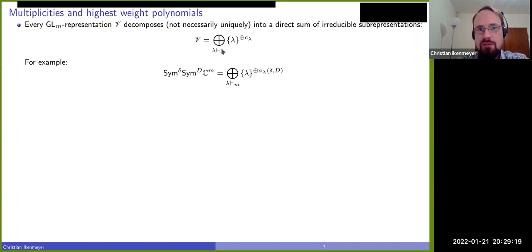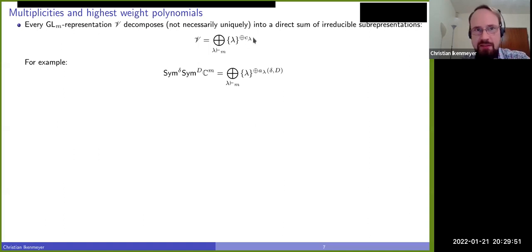So you always have a direct sum, and the sum is over all partitions lambda that have at most m rows. And some of these will be isomorphic, and we group together isomorphic copies and we count them. And the c_lambda is how many of this type lambda will occur there.